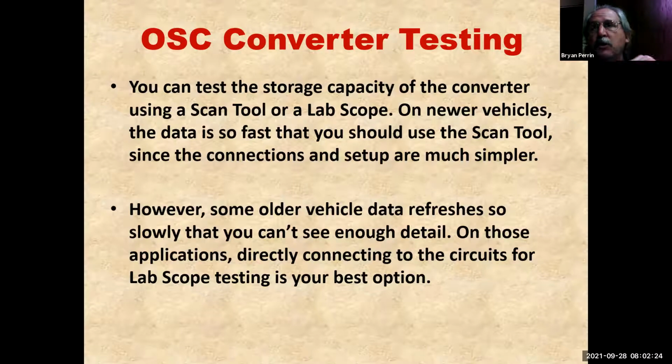However, we also saw that a converter that's cooled off, or a bad front sensor, or other issues like that can actually cause excessive activity on the rear sensor. And because of that, most of the false catalytic converter codes we get are on vehicles that use switch rate sensing. OSC testing is more precise.